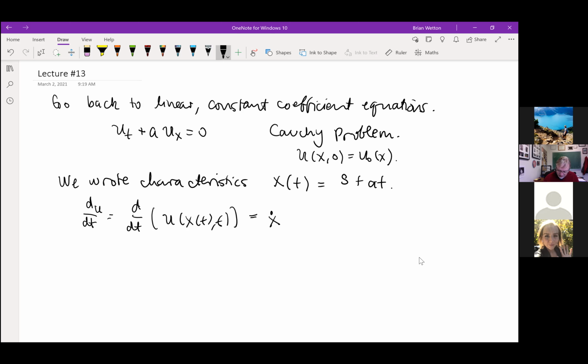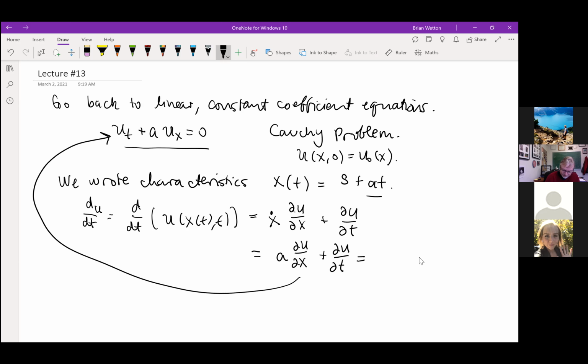We get x dot du dx plus du dt, and that's a du dx plus du dt. And then we look back at the PDE, and we see that that's equal to 0, so that tells you that u is constant on these characteristics.